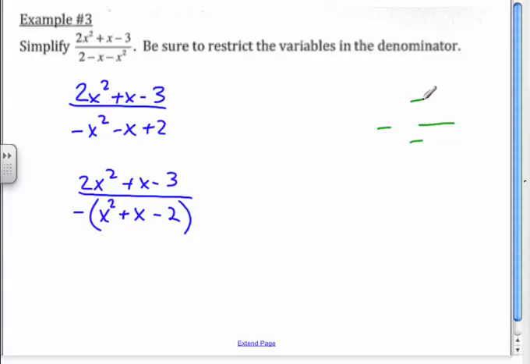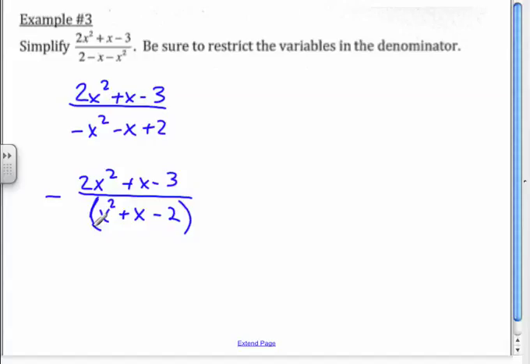Now, I have a fraction that has a negative on the bottom, right here. But I am actually going to move it out front. Now, this fraction's just negative. And then I'm going to deal with these quadratics.